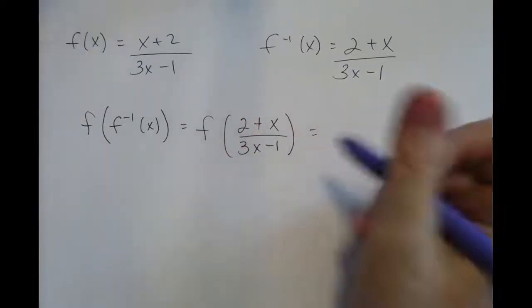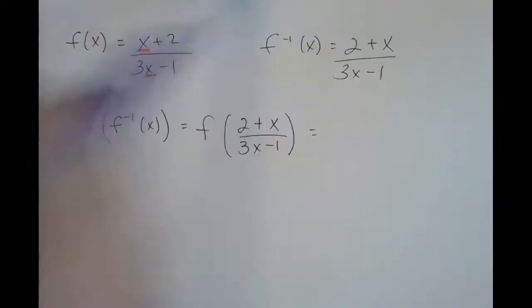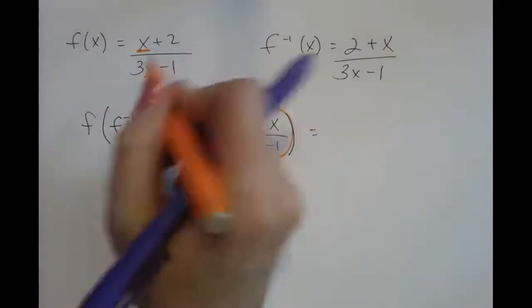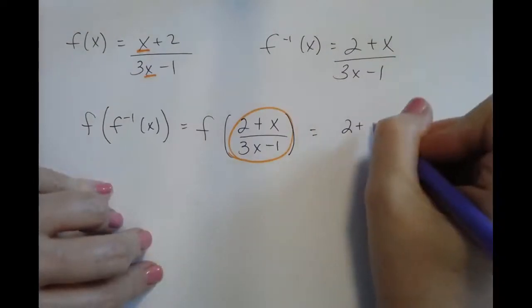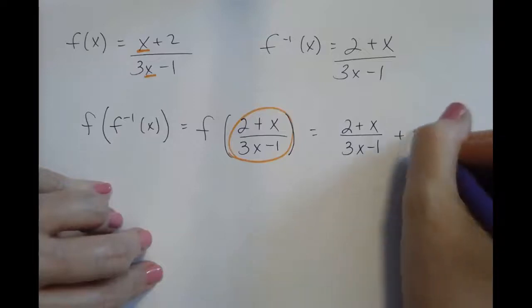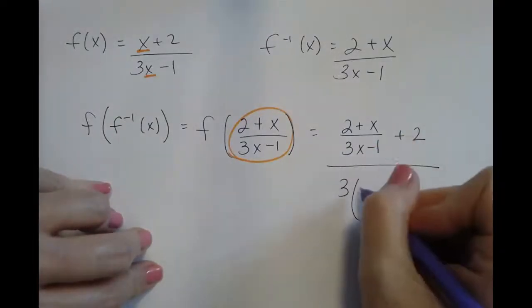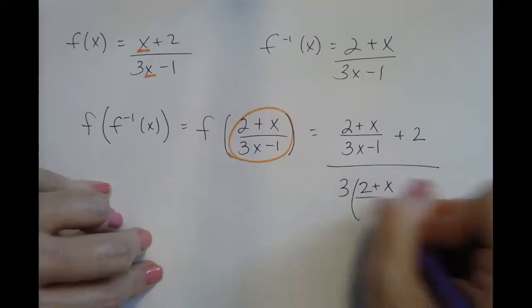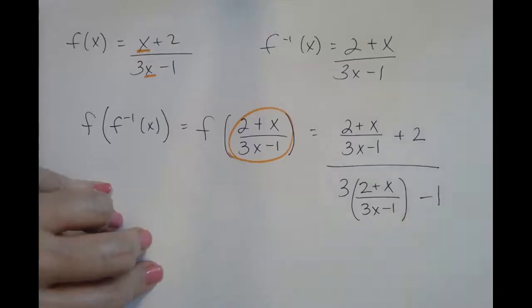All right, which means that we are going to be inputting here and there. All of that is going in, both of those spots. So 2 plus x over 3x minus 1 plus 2 over 3 times 2 plus x over 3x minus 1 minus 1.